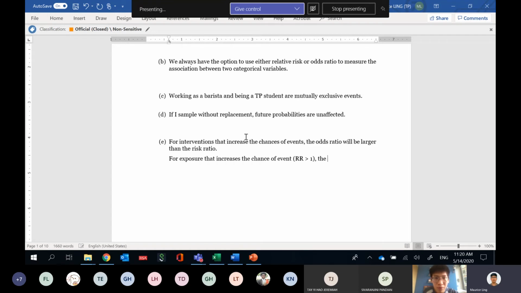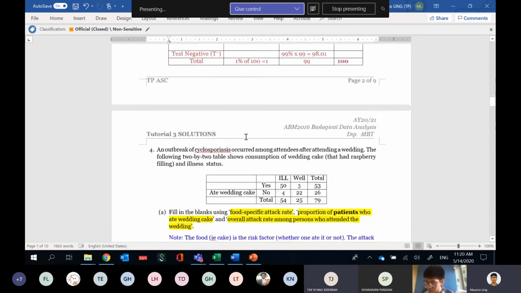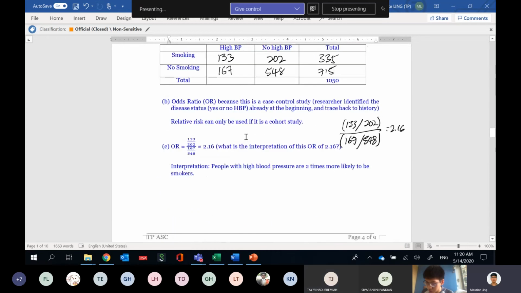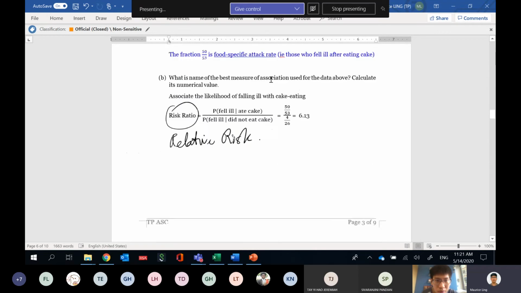Let me abbreviate. Odds ratio will be larger than relative risk. True or false? No, see, I've written it out here already. Let me go through again.